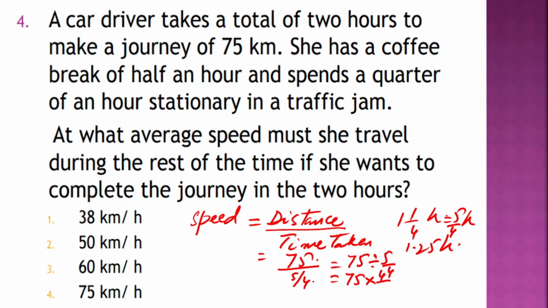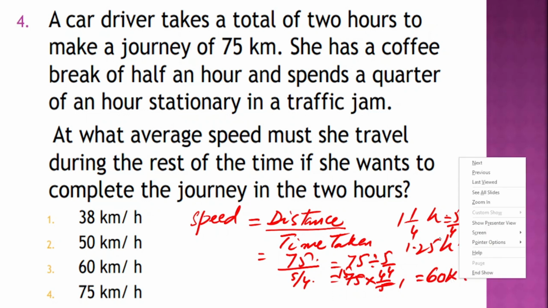So that is 4 over 5. Now, dividing 75 by 5, we get 15. And 15 multiplied by 4 is 60 kilometer per hour.